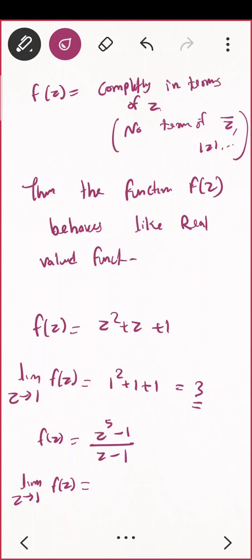You should always ask one question. If the function is completely in terms of z, then the task is easy. Correct? Check. So it is definitely in terms of z. And how do you solve this type of limit? Anybody?